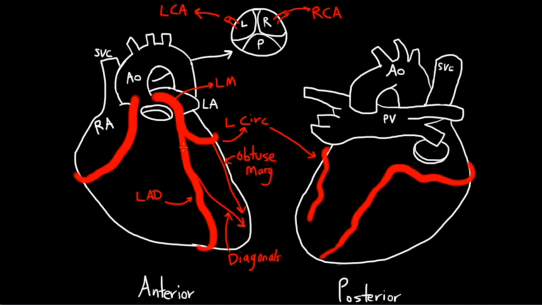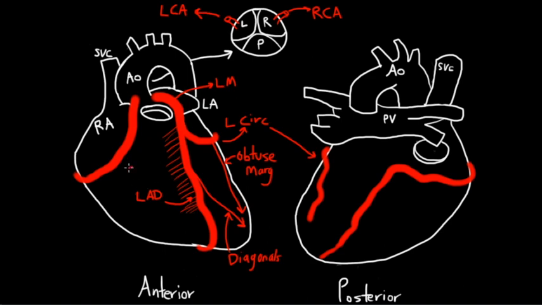One defining feature of the LAD is that it provides blood flow to the anterior part of the septum. And usually on angiography, you can see these very fine vessels that sometimes look like this that are called the septal perforators.